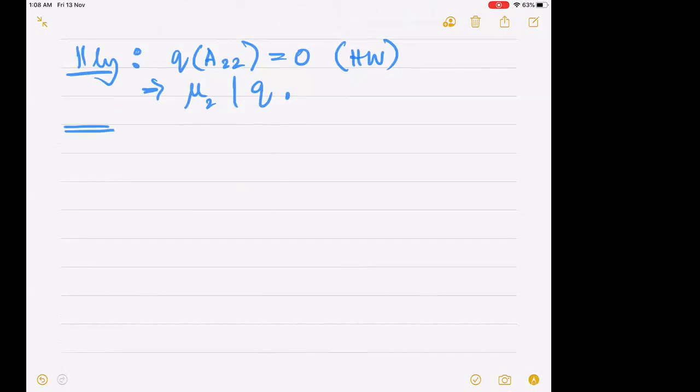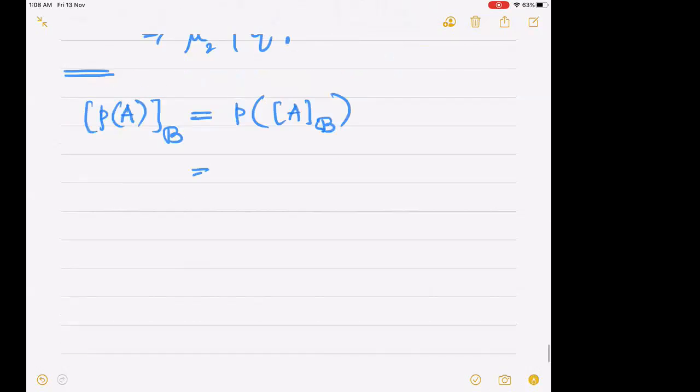Suppose I just look at P(A), right? Now P(A)'s representation by our homework is nothing but P(A)_B, which is the same as P(A11) 0 0 P(A22).